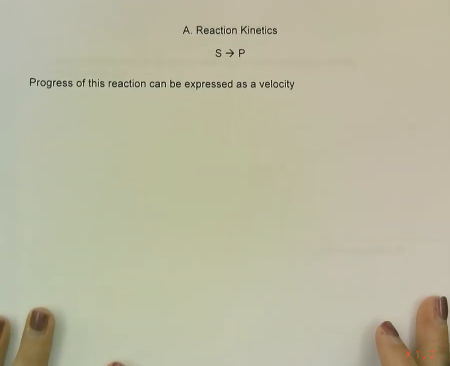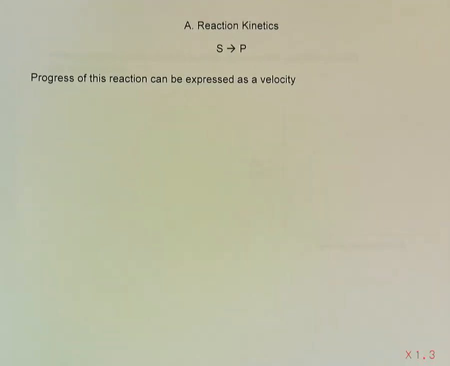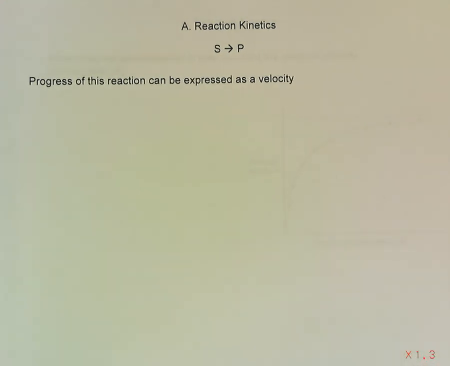Okay, so we'll start all the way back here with reaction kinetics. So let's say I have a reaction that substrates go into products, S go into P. The progress of this reaction is expressed as a velocity.